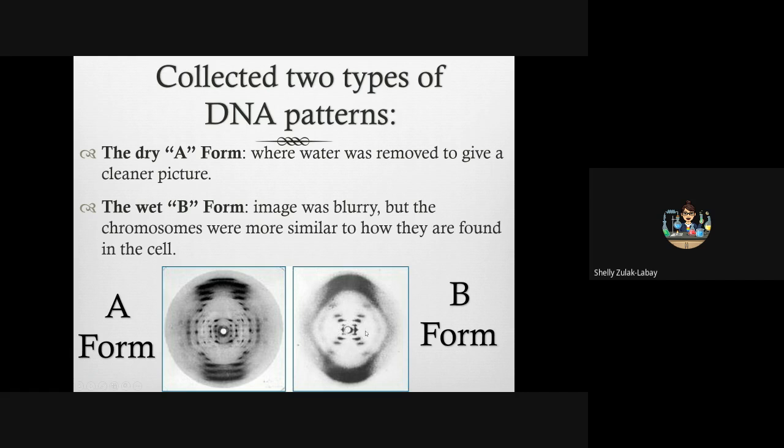So she kind of left this one on the side, but actually this is what she should have been focusing on. This clearly shows a pattern that shows 2 banding patterns. Why would that be? Because DNA was later discovered to be a 2-stranded helical model.